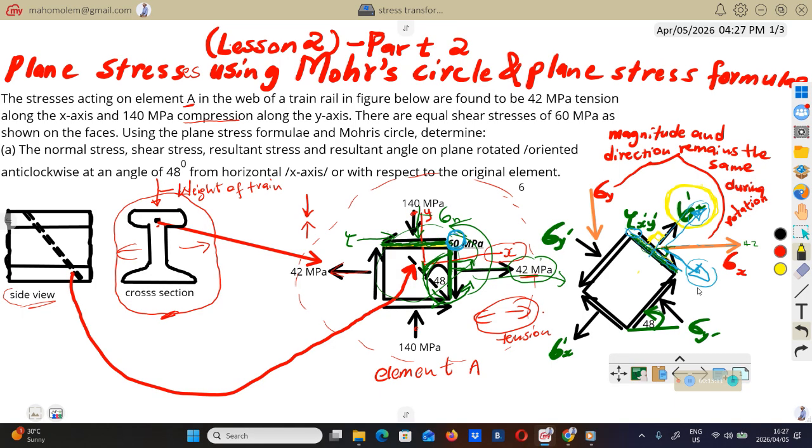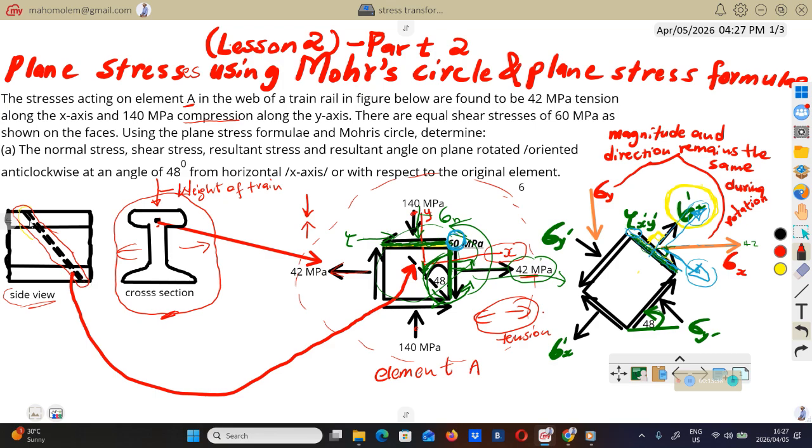So let's say when you join these rails, you will join them at an angle or at an incline, as you can see. So we're going to weld them like this. Now we will be trying to find the stresses that will act along this weld or this joint.